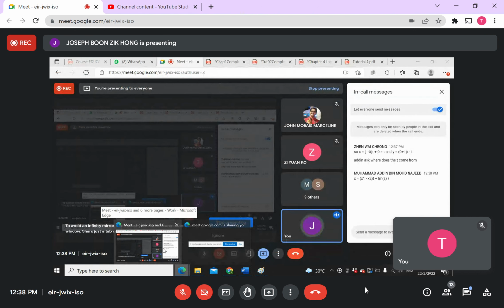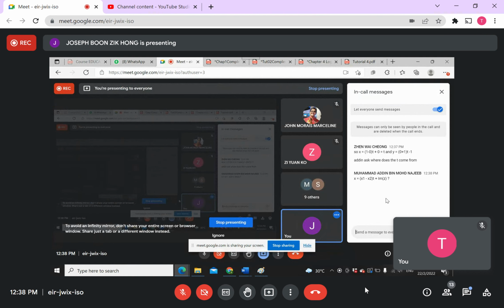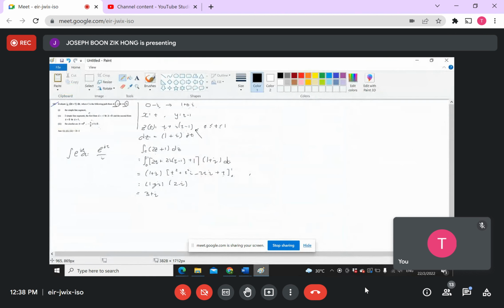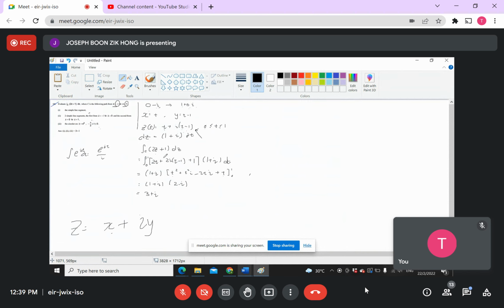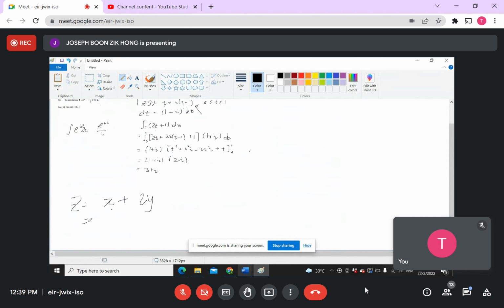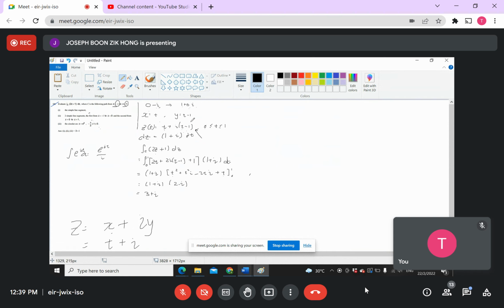It's something like this. Z is equal to x plus iy. So what you have in the x is t, so that's why I have t. And then plus i times what you have for the y, t minus 1.